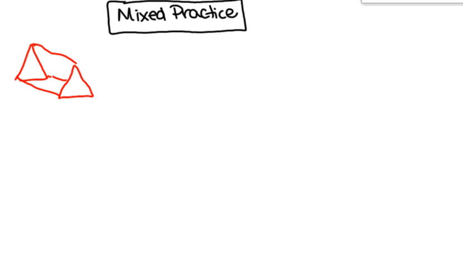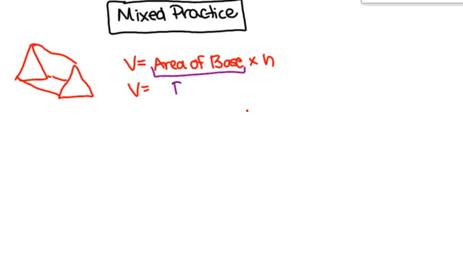And when we see that, the formula that we use to find volume is equal to area of the base times the height. Or sometimes we use the capital letter B to represent area of the base times the height. So that's the triangular prism.